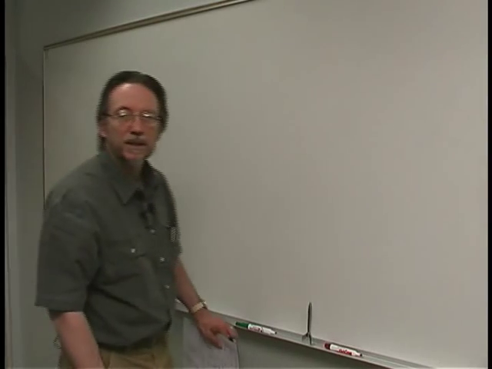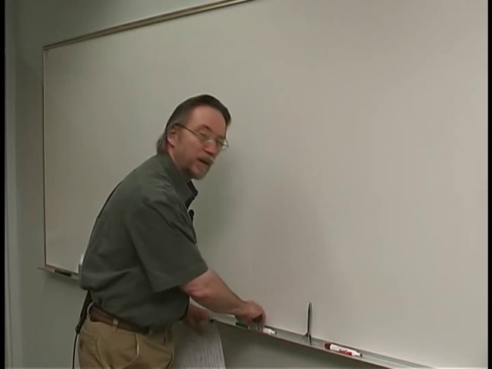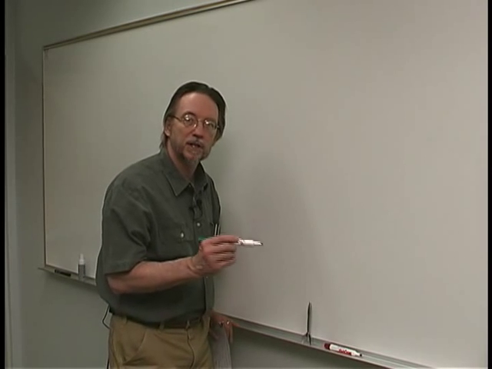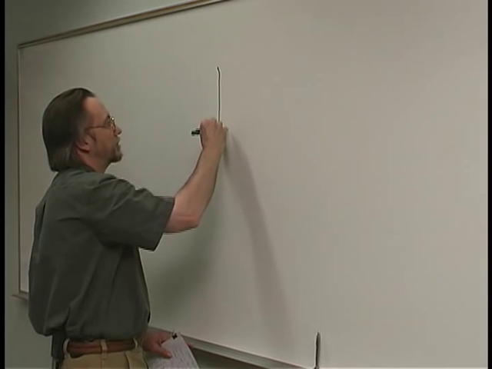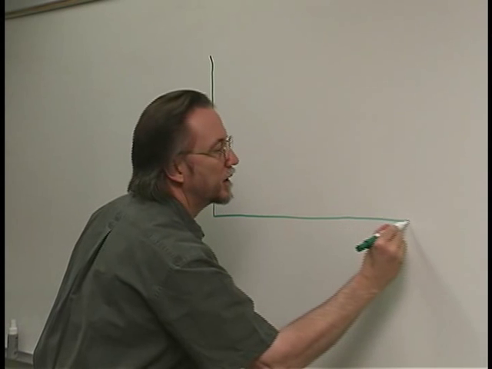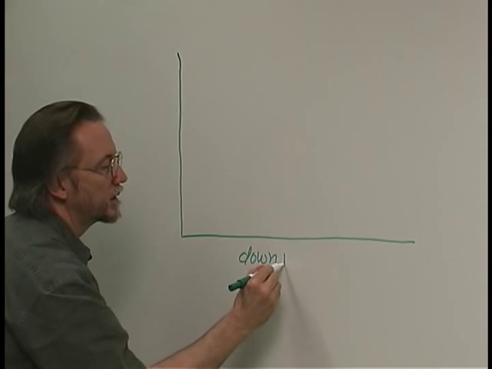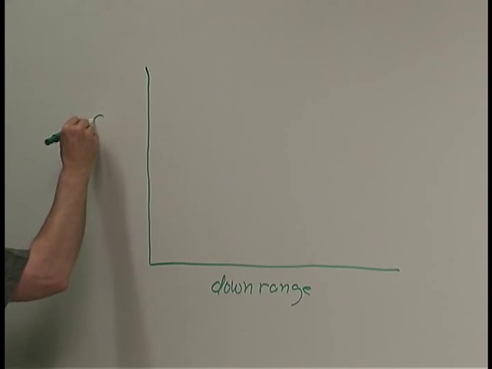Let me explain this in more detail on the blackboard. So what do we mean by delta V steering loss? Well, let's consider the optimal trajectory that takes a spacecraft into orbit. So let me draw my axes, where this is the downrange distance, and this is the altitude.